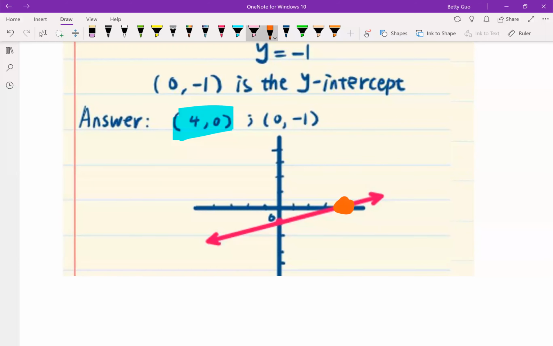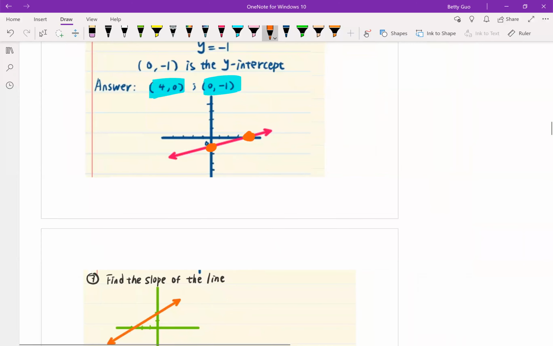The y-intercept is (0, -1), so from the origin, go down 1 unit. Then you draw a straight line passing through the 2 points, one the x-intercept, the other the y-intercept, and you will have the graph of the line. Any question? If not, let's move to number 7.